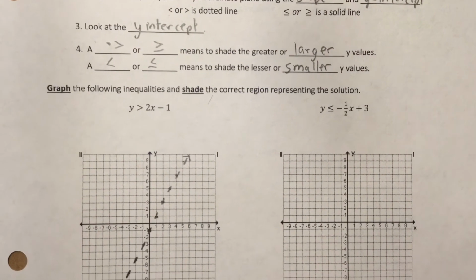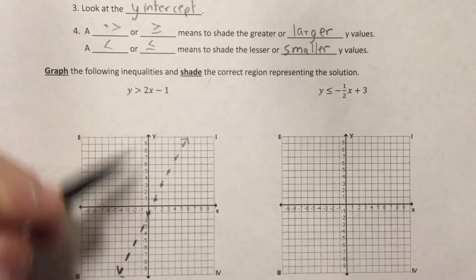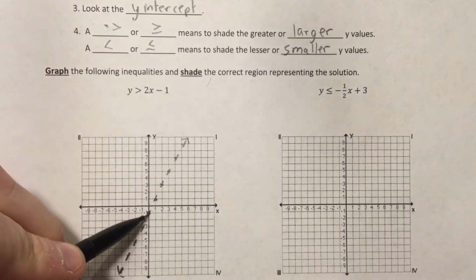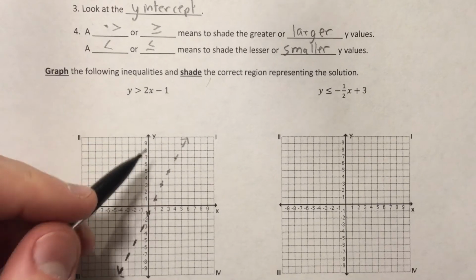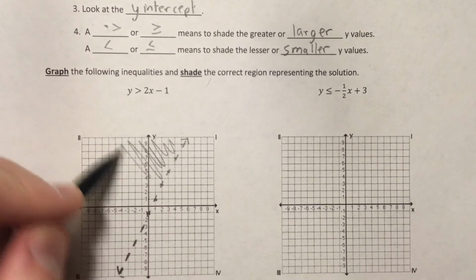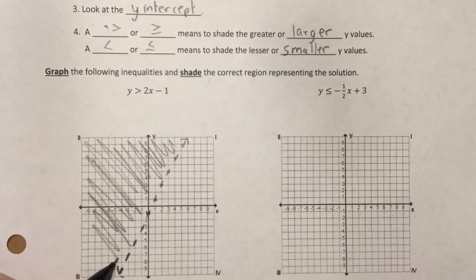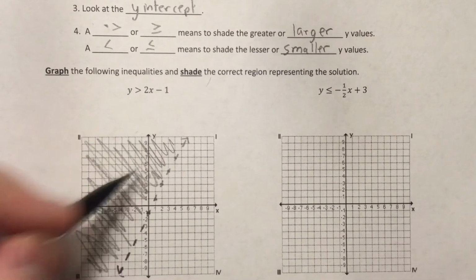So here's our y-intercept. I have a greater than symbol, so my greater y values need to be shaded. My larger y values are up here. So everything on this side of the line needs to be shaded because that's where my larger y values are.